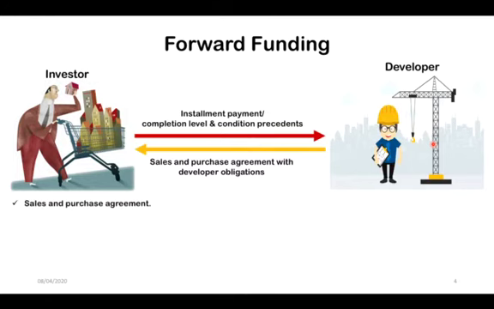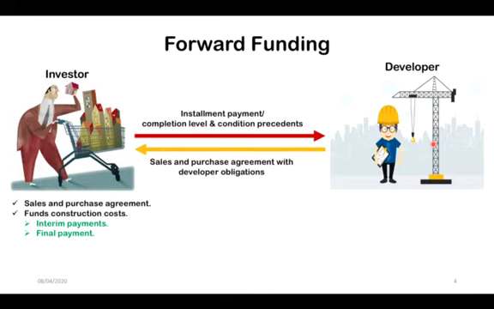The investor would also be required to fund the construction cost, and this funding activity will be in the form of interim payments as and when progress is made on the construction works, and then the final payment will be made at the end of the construction works, and the developer has transferred title to the investor.